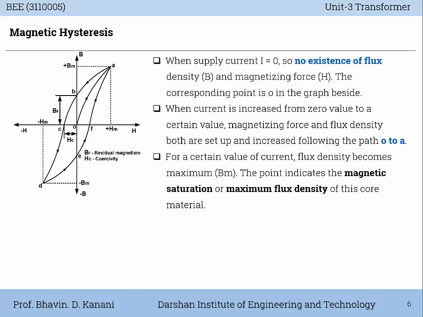For a certain value of current, flux density becomes maximum, that is the point Bm. The point indicates the magnetic saturation or maximum flux density of this core material.